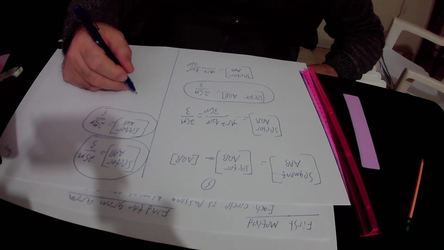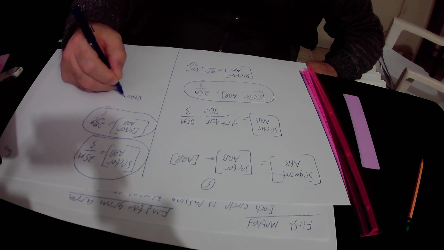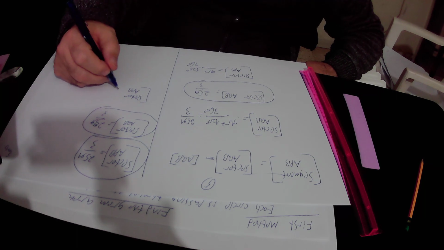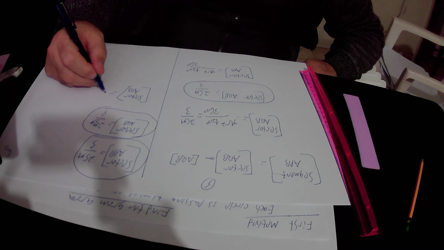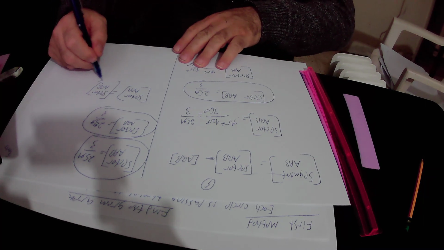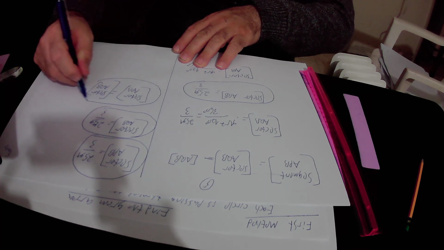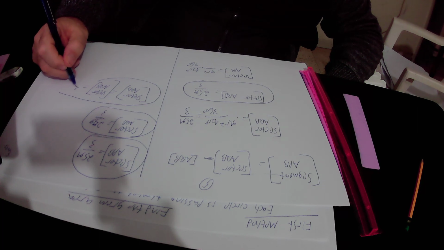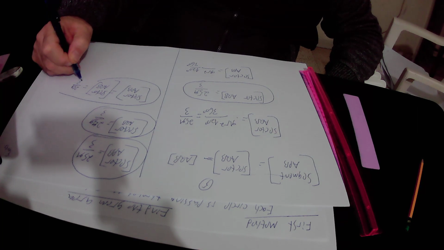Therefore, we conclude that the area of sector APB is equal to the area of sector AQB, and it equals 25 pi over 3 square units.